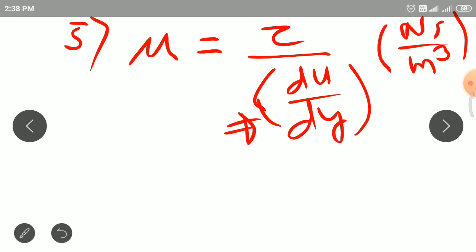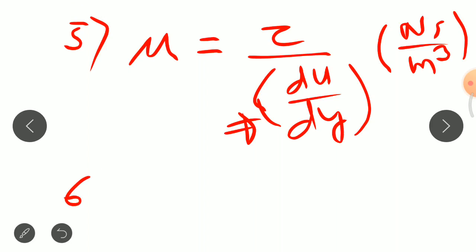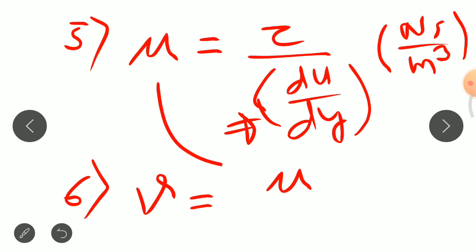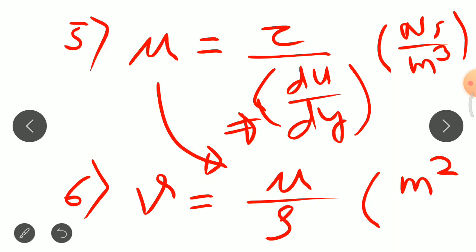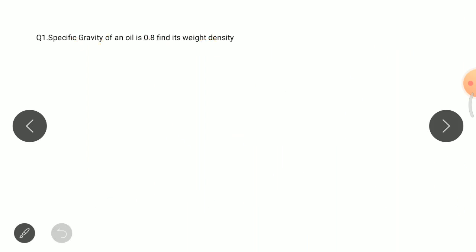Okay, then the sixth formula, that is kinematic viscosity, is denoted as small v is equal to dynamic viscosity, that is nu, divided by density, that is rho, and the unit for kinematic viscosity is meter square per second. These 6 formulas we need to solve basic problems.